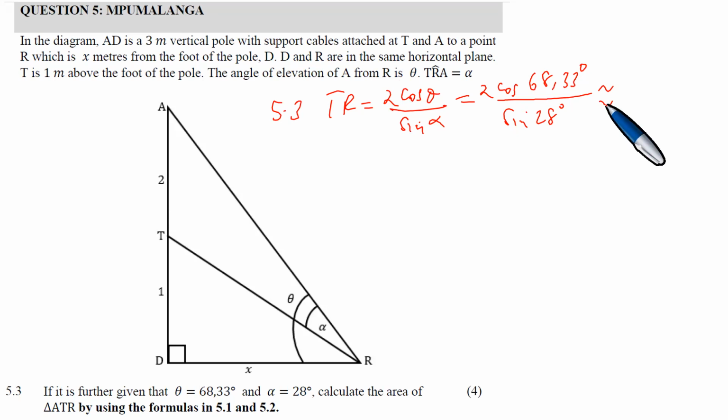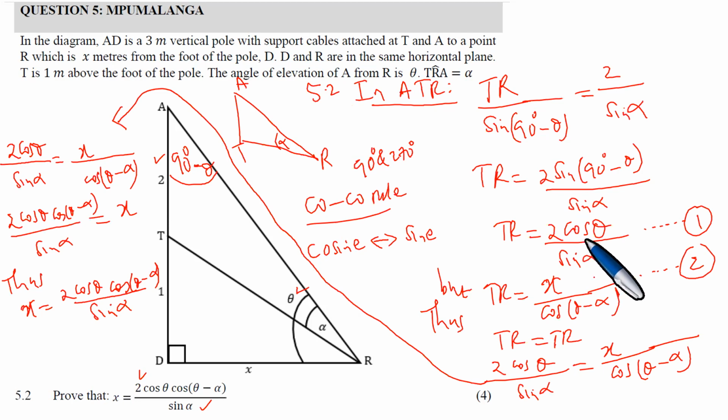Okay, so if we have 2 times the cosine of 68.33 divided by the sine of 28, this actually is approximately, to 2 decimal places, 1.57 meters.